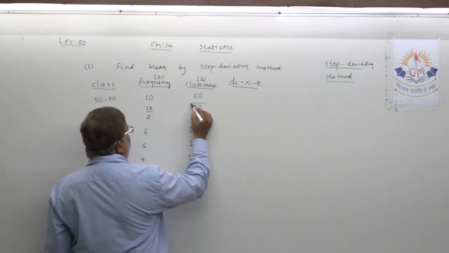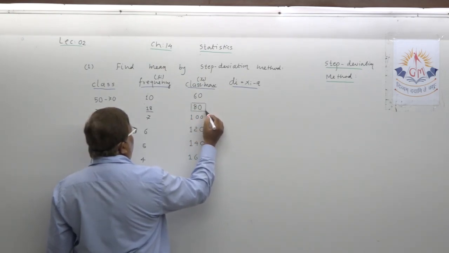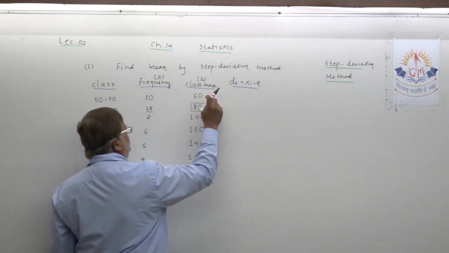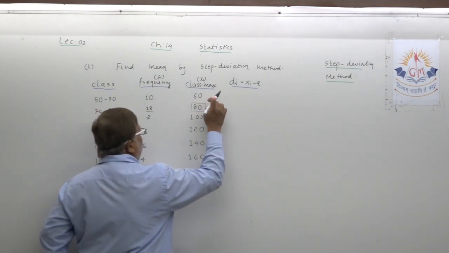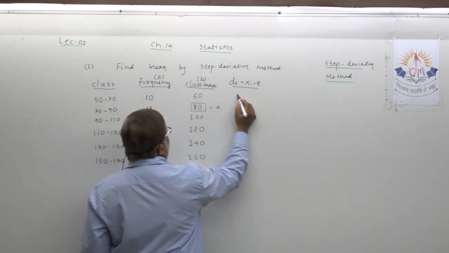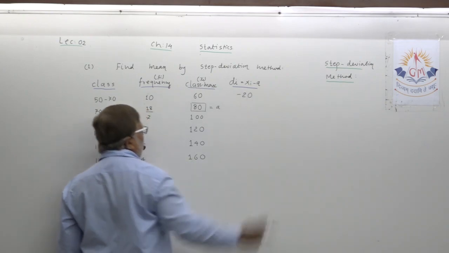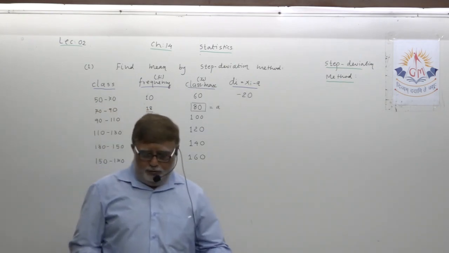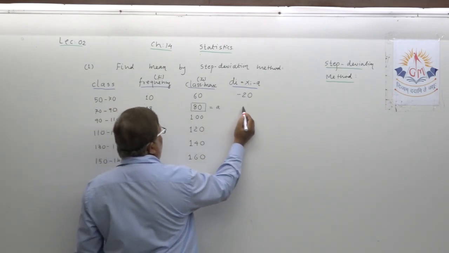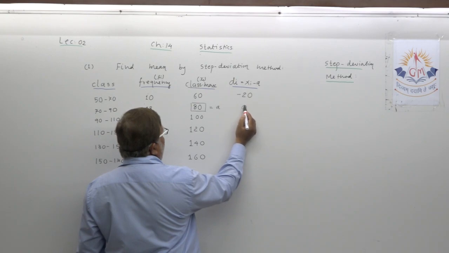So this is the highest frequency. Let me block this one. This becomes a for us, okay dear student? Di, xi minus a, 60 minus 80, that is minus 20. Is it clear in your mind? Then 80 minus 80, that is 0.